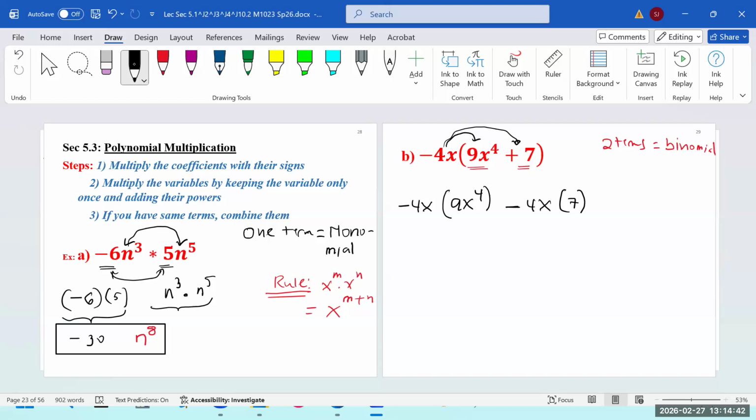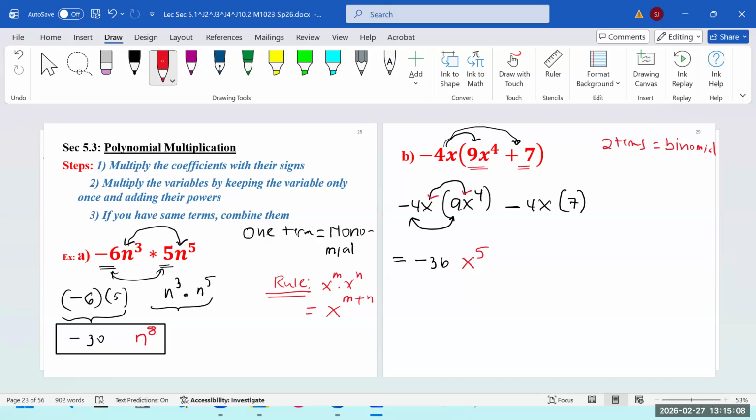And now we're going to do the exact same thing what we did in the left page, but we're going to do it twice. So multiplying negative 4 and 9, how much you get? Negative 36. And combining x times x to the 4, how much? X to the 5.